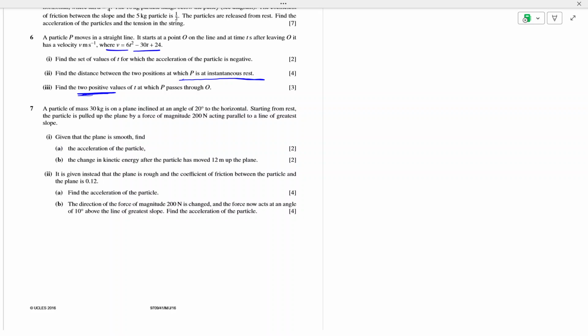Given that the plane is smooth, find (a) the acceleration of the particle, and (b) the change in kinetic energy after the particle has moved 12 meters up. Right, so this is the scenario that we have. Let me show you. Let me draw a triangle so that you see what we have.